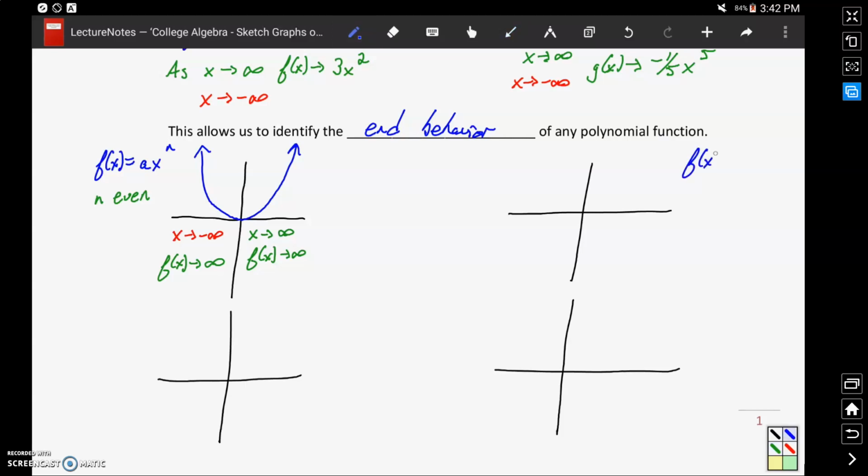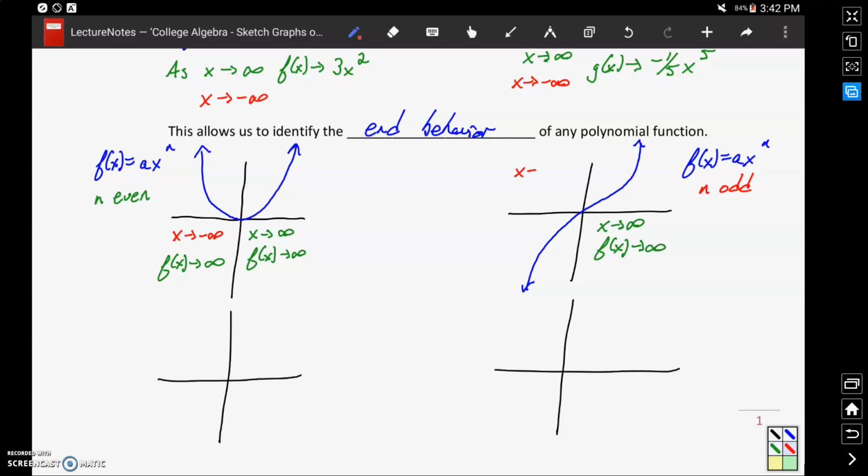If we have a case where f of x equals a times x to the n power, and consider n being odd, meaning we have x cubed, x to the 5th, or so on, we'll end up with a function that looks something like this. And in this case, as x approaches infinity, our function is going to be approaching positive infinity.